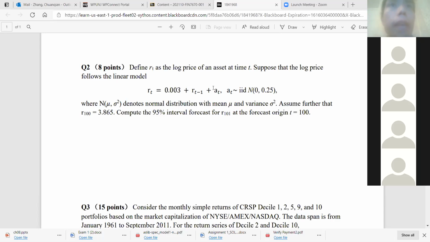Okay, so a_t is a shock which happens today, and you never know it before today. Before today, you will never know what's going to happen today for the information shock. And this shock we assume is white noise. That means it is stationary, with mean zero and constant volatility.